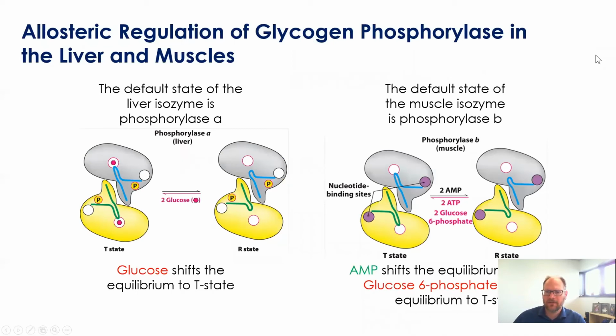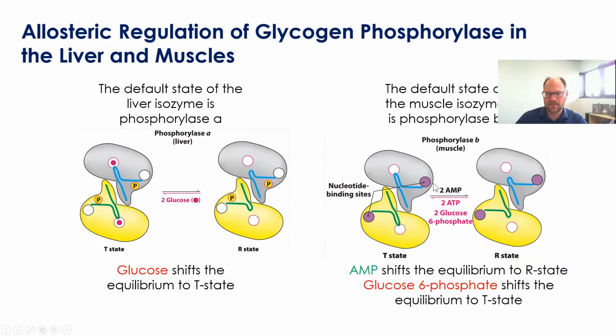So this is only one layer of regulation on this enzyme. On top of this covalent level of regulation of the enzyme, there's also allosteric regulation in the enzyme. In the liver, glucose molecules will bind to the phosphorylase enzyme and shift it towards the T state.